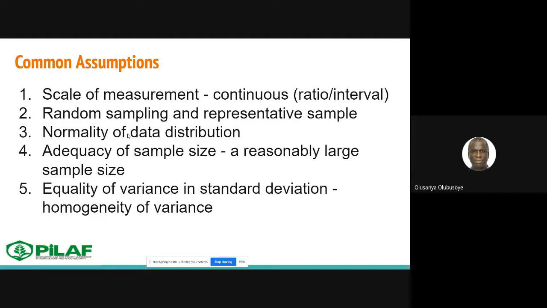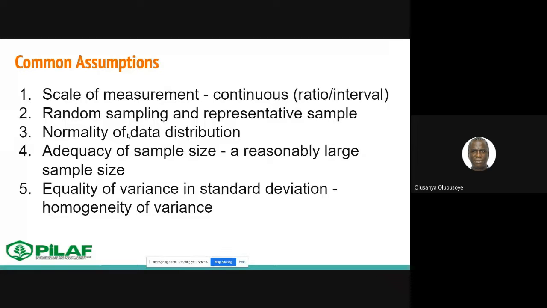The third one, which is very fundamental, and which is even more reason why we are using the test, because the test is a parametric test, the underlying assumption is that the data is normally distributed.